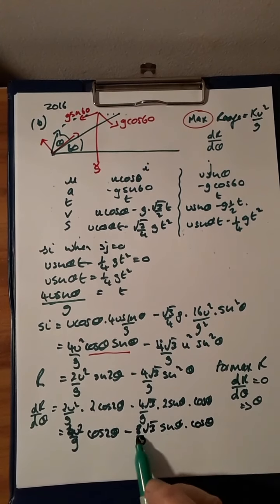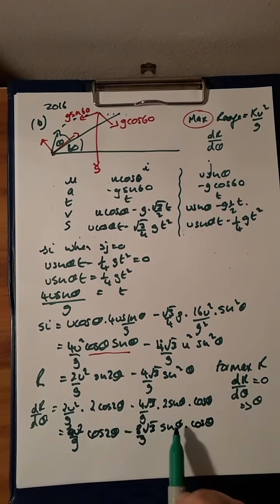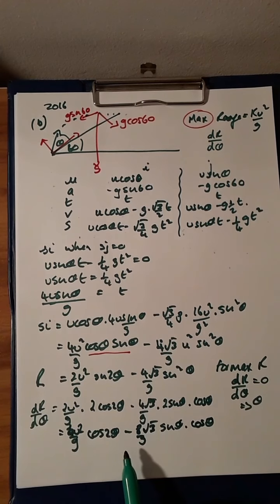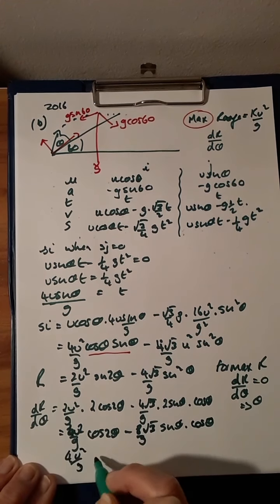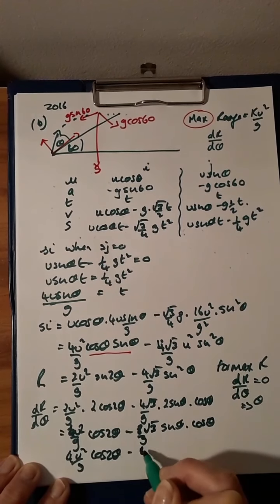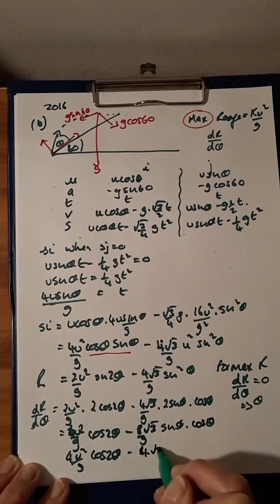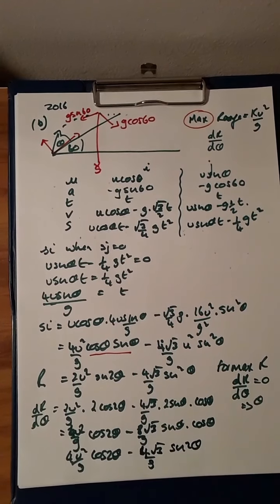Okay, and of course this again is twice sine theta cos theta, that I should have put in here actually. That's just going to become sine 2 theta. So this will be 4u squared over g cos 2 theta minus 4 root 3 over g by sine 2 theta.